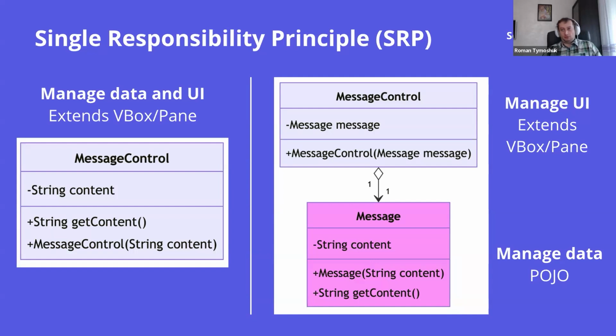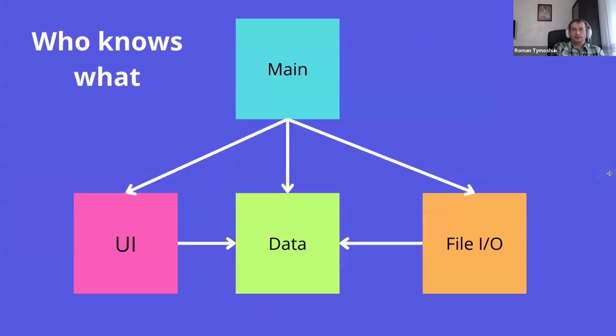When the car is driving into the garage, we have a one-to-one relationship: one garage has one car, but the concerns are segregated among the classes. I think it's clear for you. Generally, it provides the understanding of who knows what.